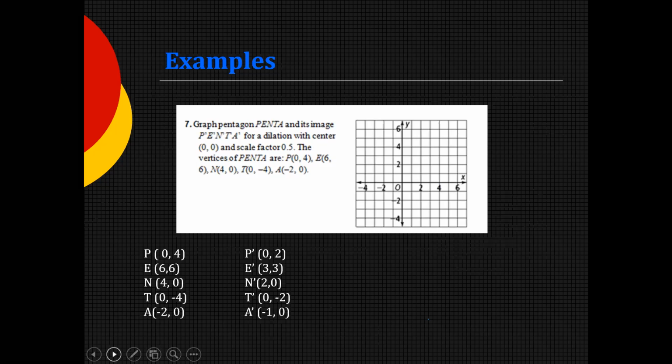Everybody will be plotting the object, the pentagon. Also, I want you to plot the center and label the center C, and then work out your image and plot your image. The center should be 0, 0. Yeah, the center is 0, 0.